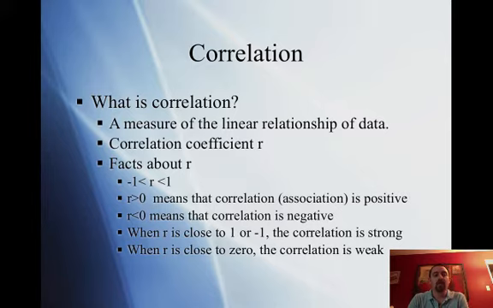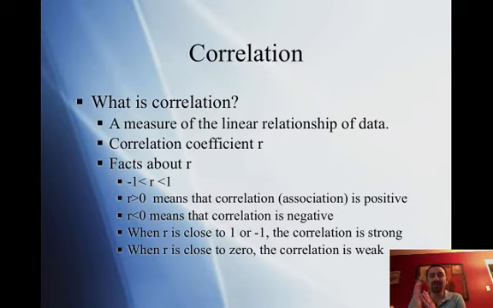If R is positive, it means we have a positive association or correlation. That means the trend is going up. If R is negative, the correlation or association is negative. It's going down. When R is close to -1, we have near perfect negative association. It's almost a perfect straight line, but going down.